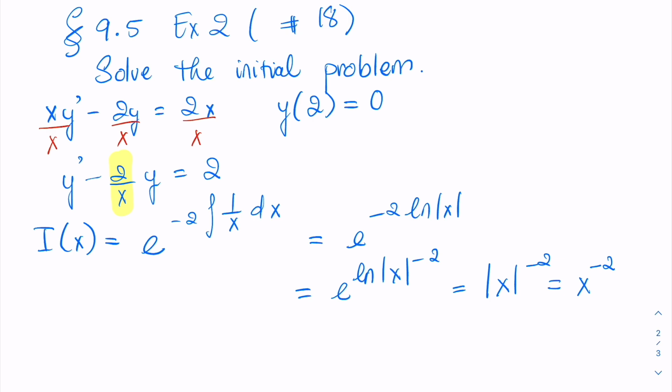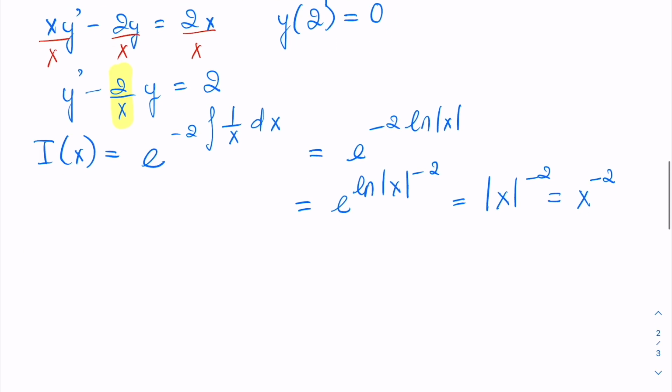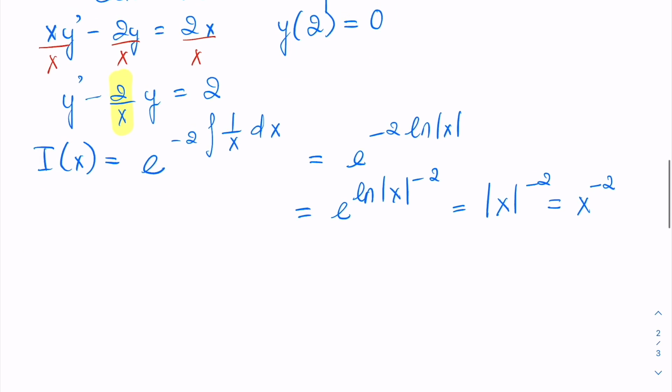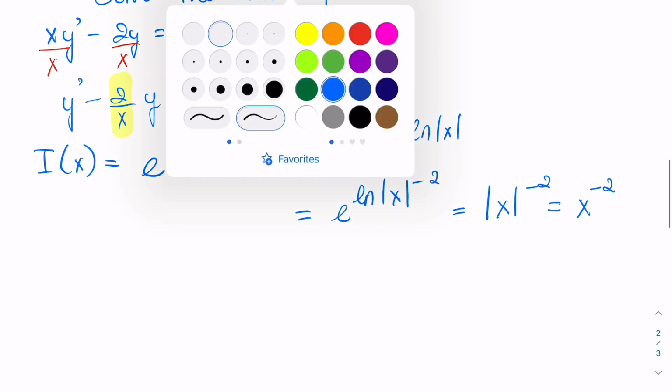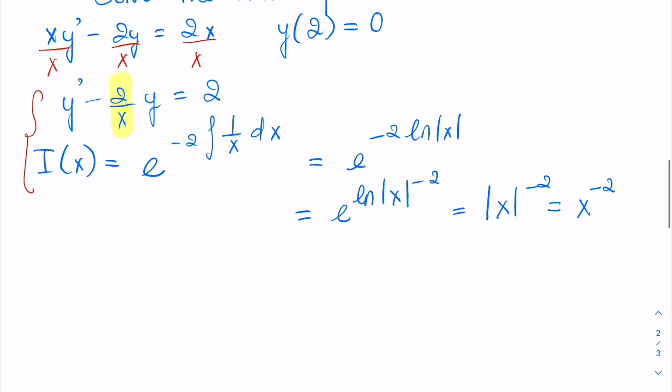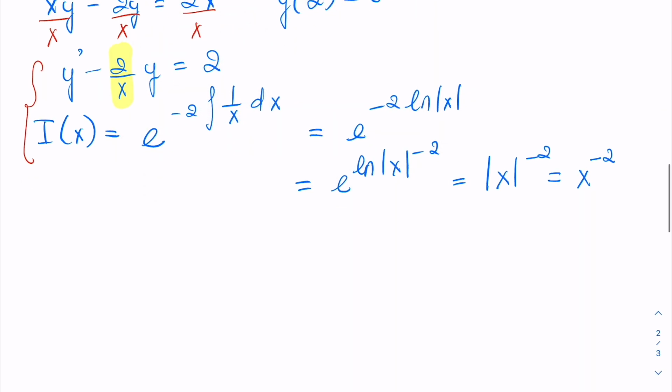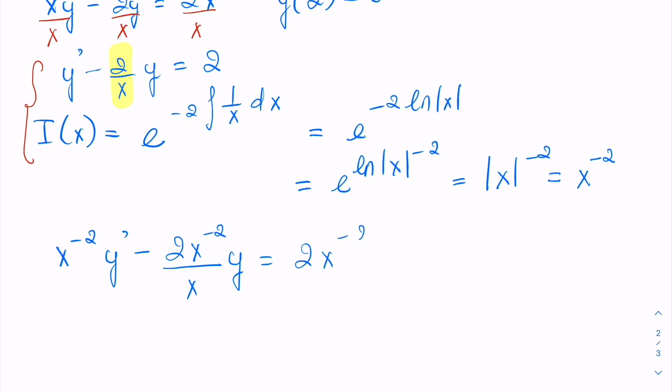So now we're going to take this and multiply by I of x. When we multiply these two, we should get x to the negative second y prime minus 2x to the negative second over x times y equals 2x to the negative second.